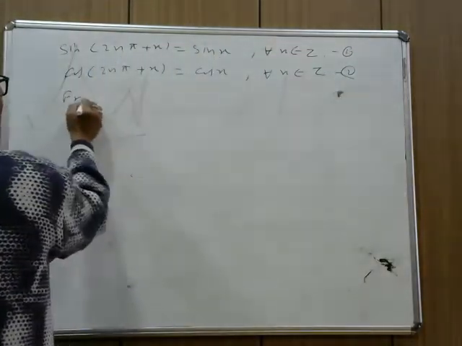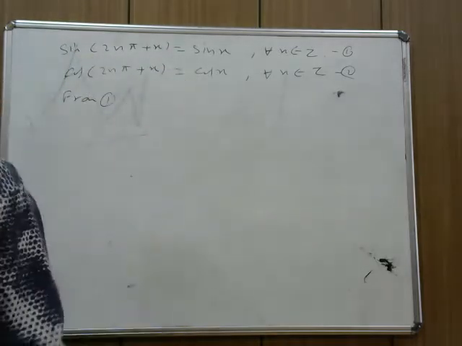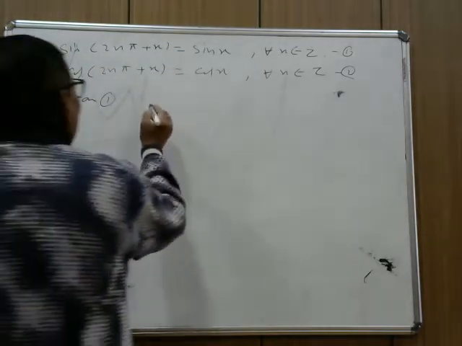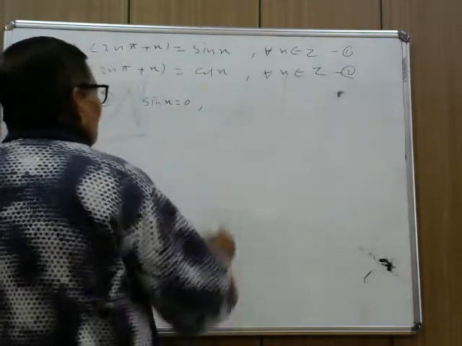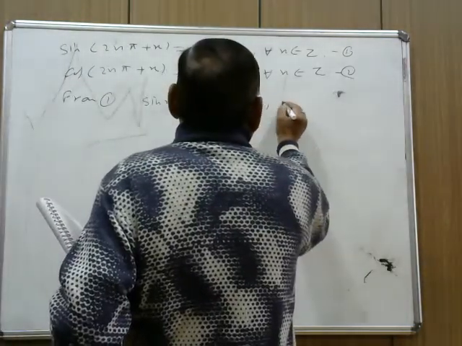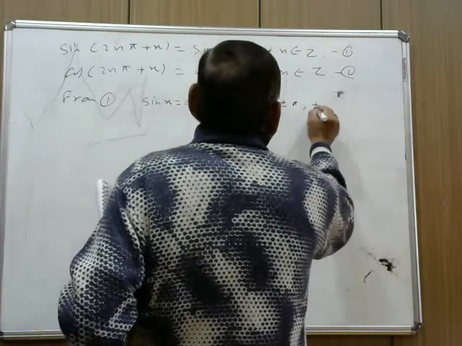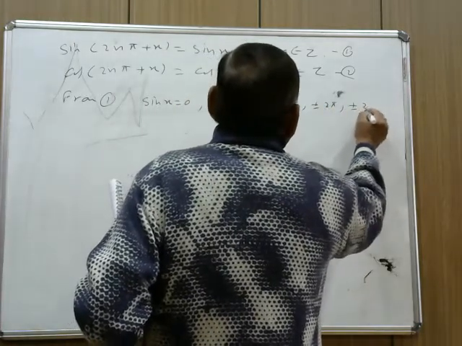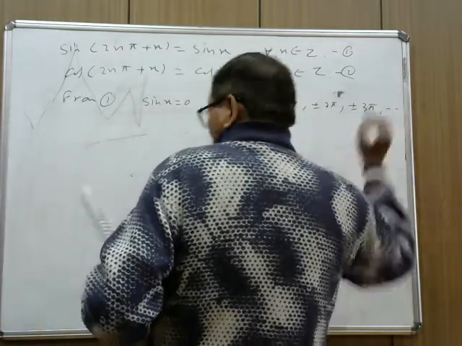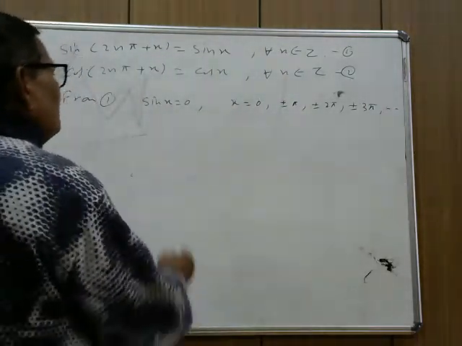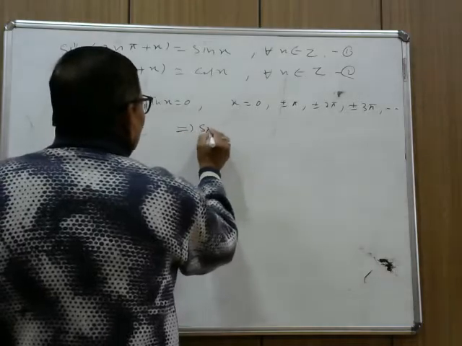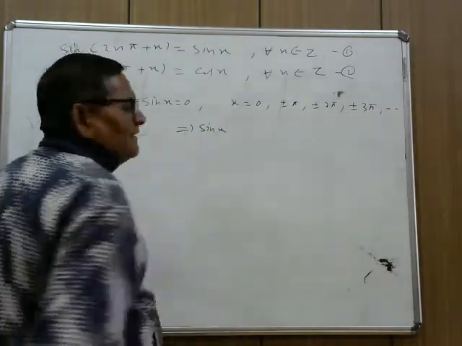From 1, you see sin x is 0 when x is 0, plus minus pi, plus minus 2 pi, plus minus 3 pi, and so on. So at these points, sin x vanishes. Sin x vanishes means its value is 0.